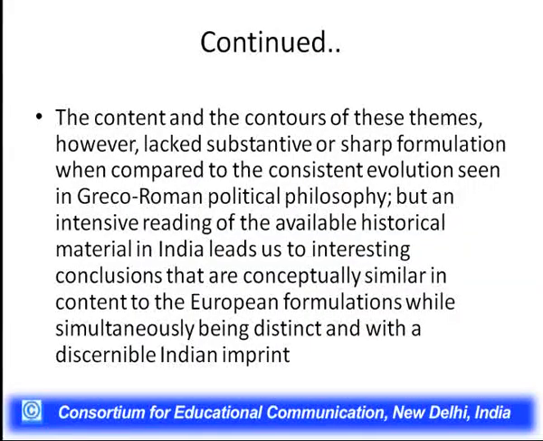These professional groups, these castes, despite being hereditary, had a substantive amount of freedom, in contradistinction to the slave society that Greco-Roman civilizations had, and the serf society that medieval Europe had.